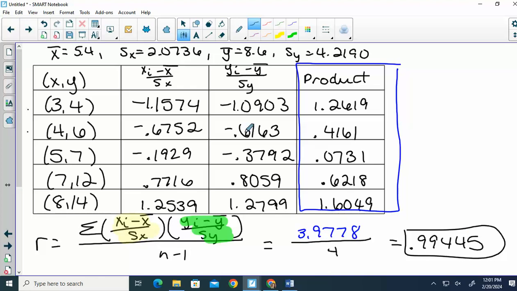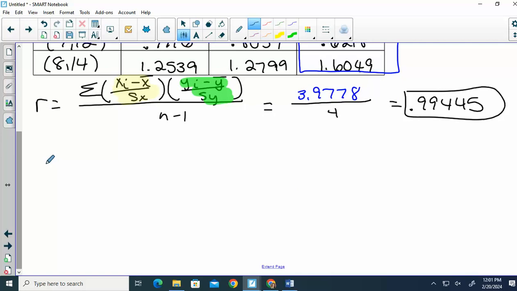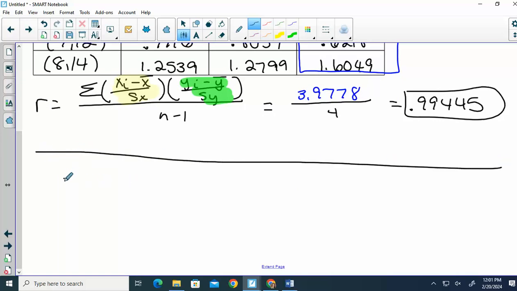So then part C wants us to write the equation. So go to your formula sheet. Hardest thing, you have a formula sheet that tells you everything, but you have to know how to use it. So it tells us our equation. Second bullet right below this, y hat equals b1x plus b sub 0.